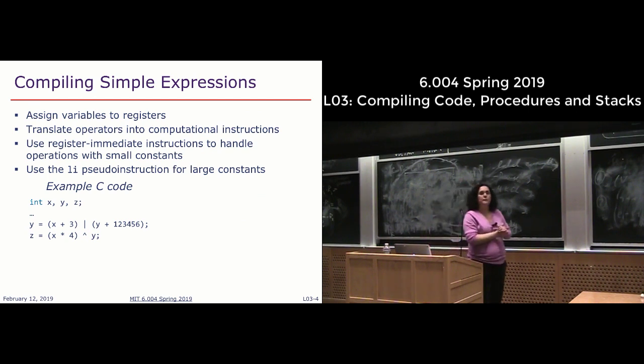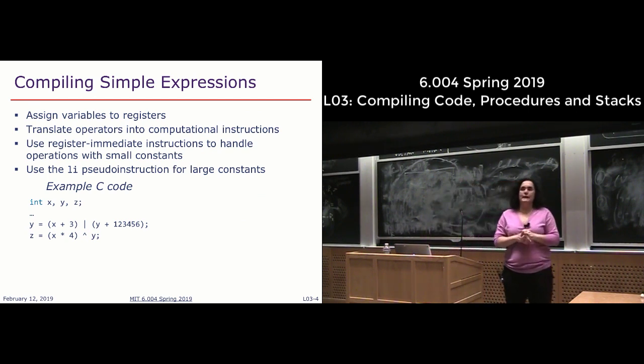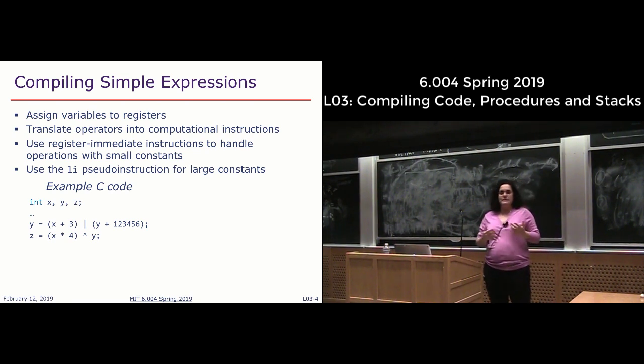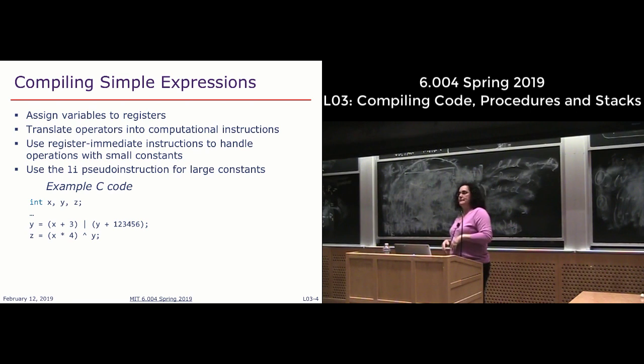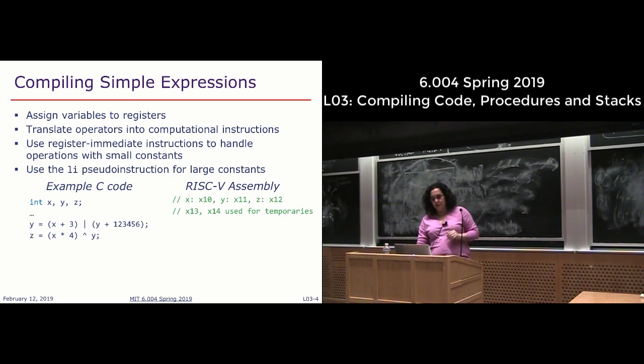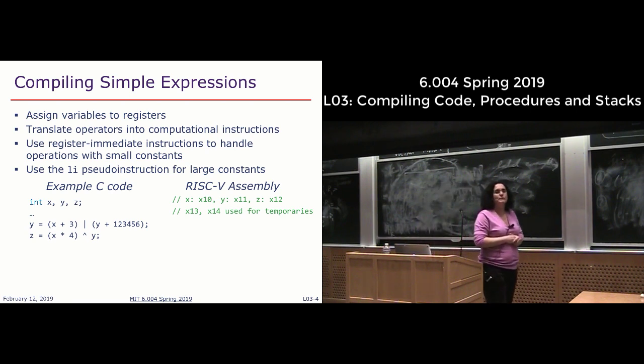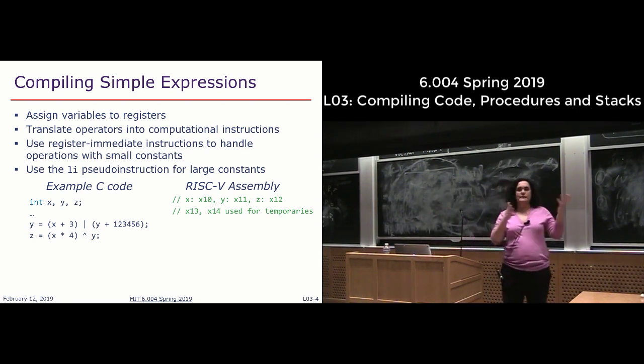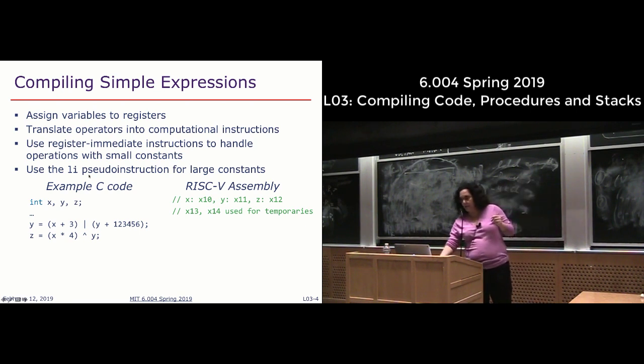All right, so today we're going to go through and make use of these instructions in order to have a methodical way of translating our high-level language into our assembly language. So we've seen already how to compile basic expressions. And so let's quickly go through an example of what I would need to do in order to do the translation from this set of equations written in C to my assembly.